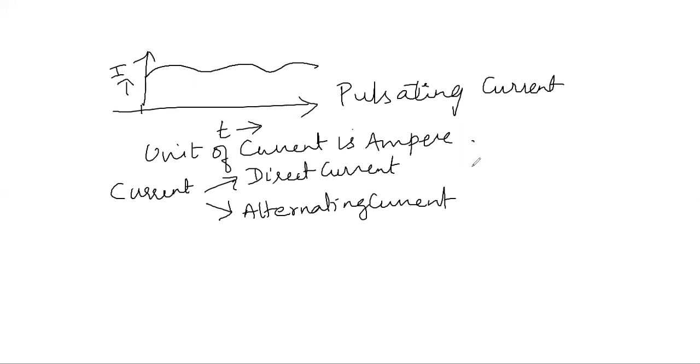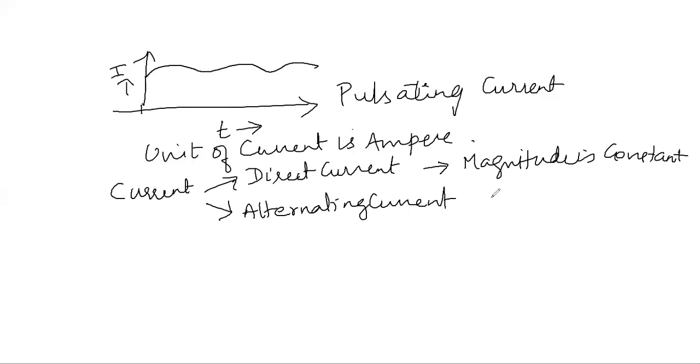If the magnitude of current remains constant for a given amount of time, we call such a current as DC current. Okay, magnitude is constant. It is similar to unidirectional current.